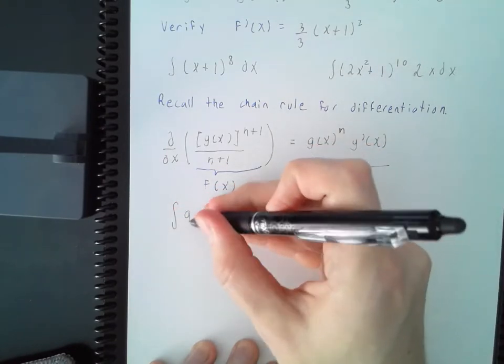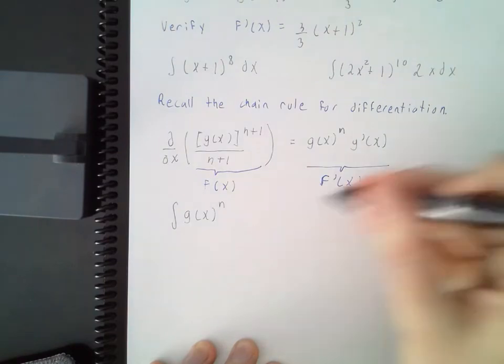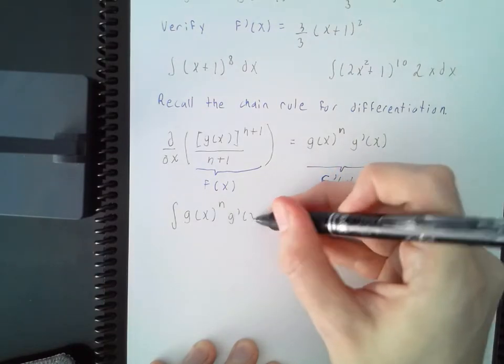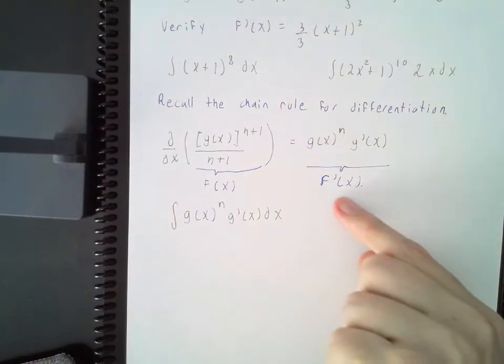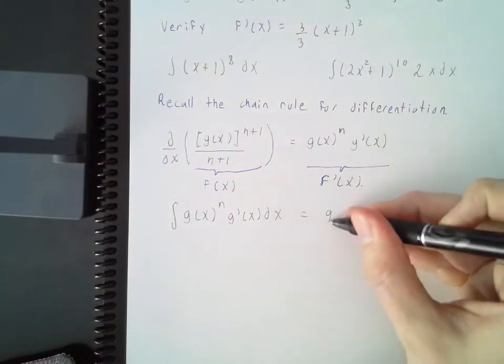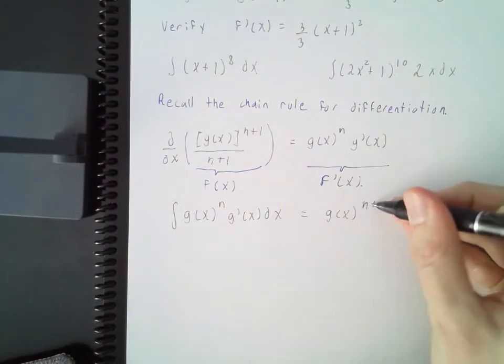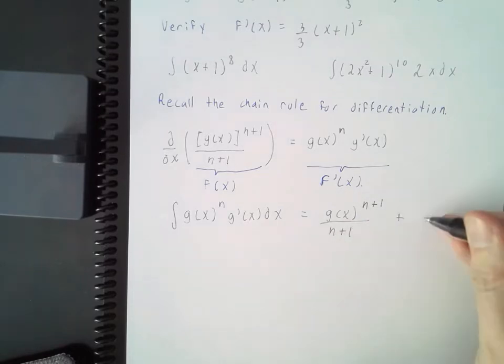I want to integrate g of x to the n times g prime of x dx. And since the derivation and the integration are reverse processes, we can say, okay, by integrating this function, we get this antiderivative. And with this, we are starting to formalize the substitution rule.